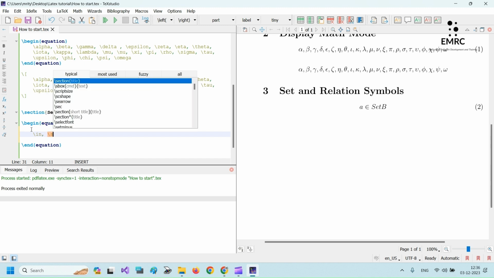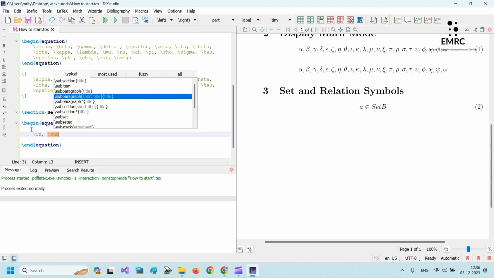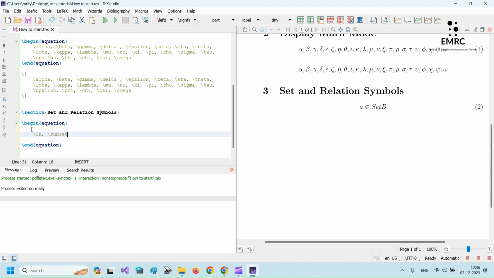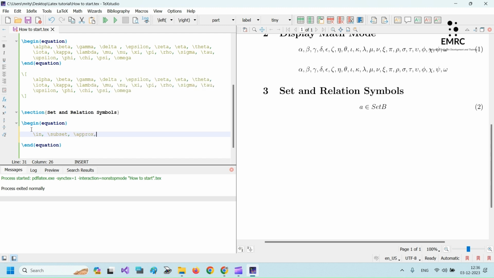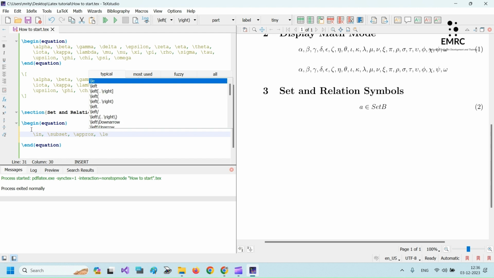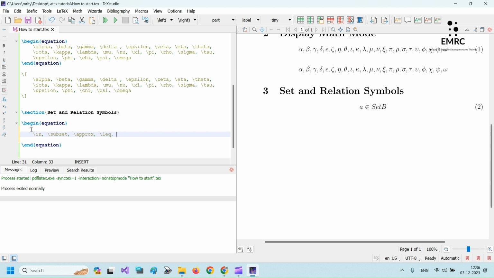Other symbols are like subset. You have to write subset. You can write approx, or less than or equal to, leq, or greater than or equal to, or not equal to.